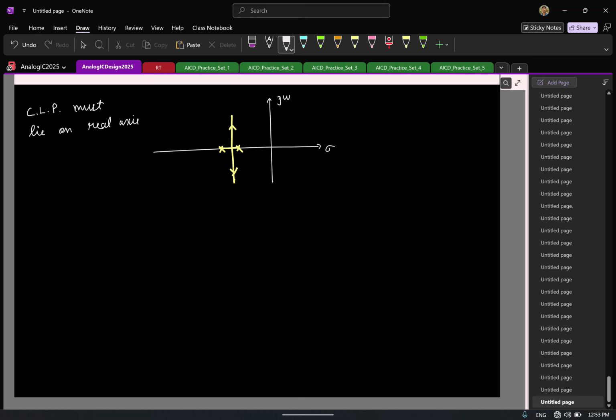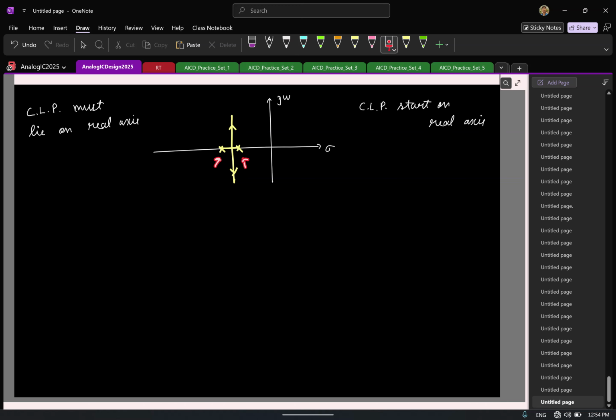Correct? So I also know that my closed loop poles start on the real axis. So if, let us say, I give you a superpower and say you can position the open loop poles anywhere you want, now remember I want to have a large DC gain, and for that large DC gain the closed loop poles must lie on the real axis.